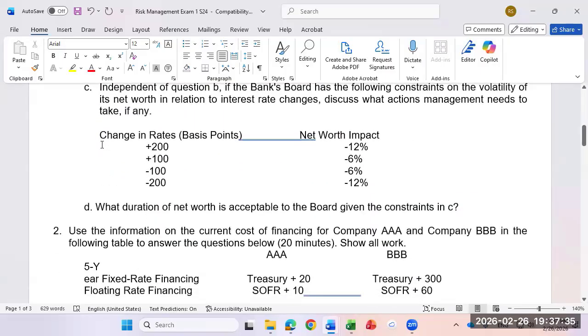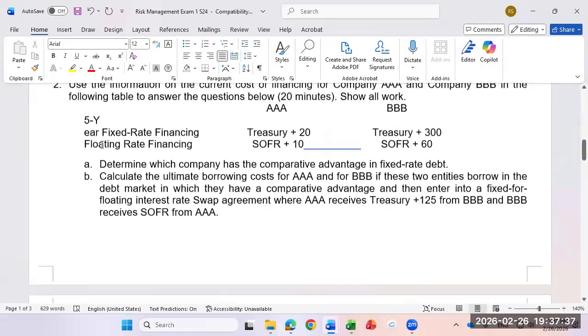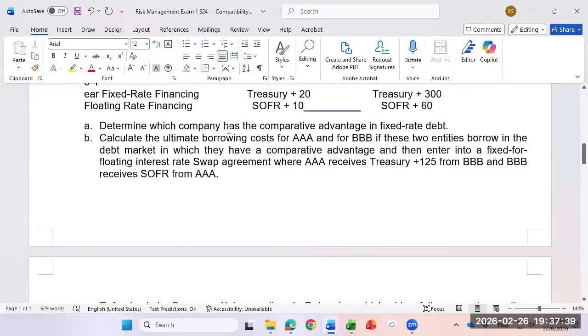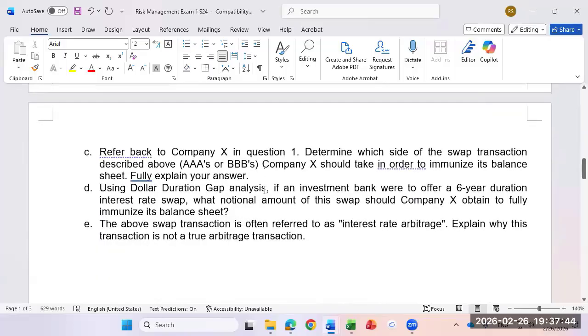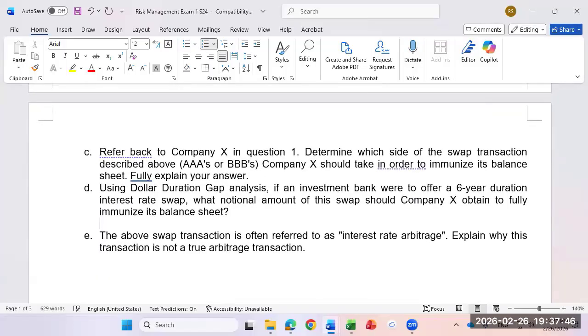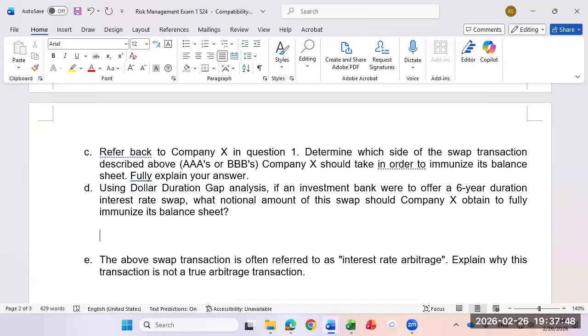Then a short essay question. Very, very straightforward. Dollar duration gap, and remember that formula? It's probably the simplest formula of all, which is probably why you don't remember it, because it seems too straightforward.